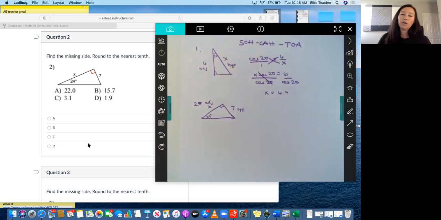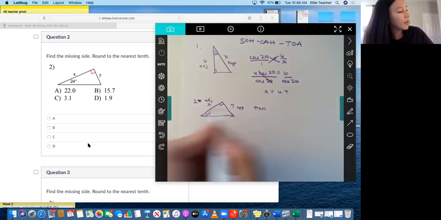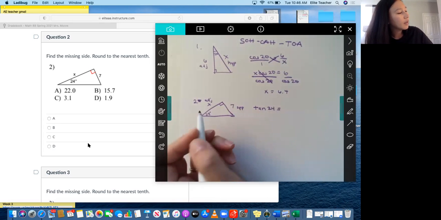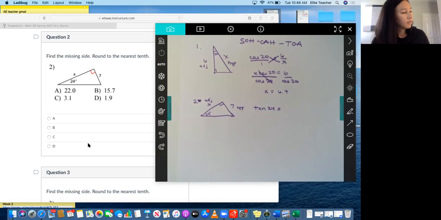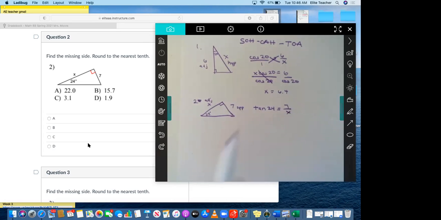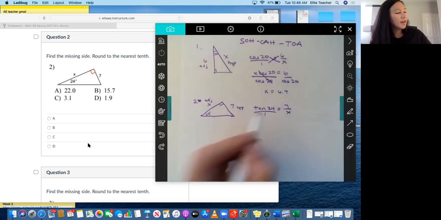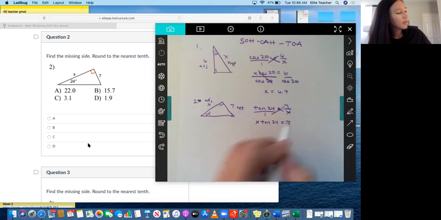So which trig function am I using? Tangent. Tangent, good. So tangent of our angle 24 equals, what am I gonna put? Uh, 7 over x. Excellent. Good, and then I need to cross multiply. So x times the tangent of 24 equals 1 times 7.